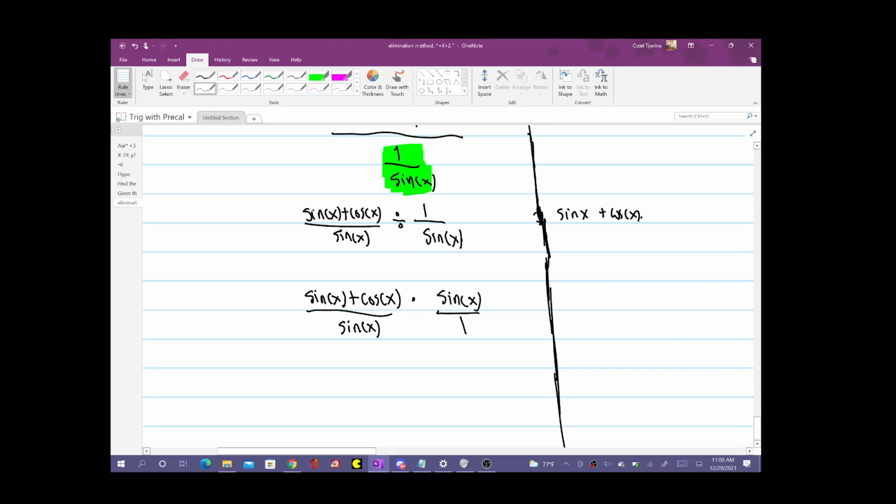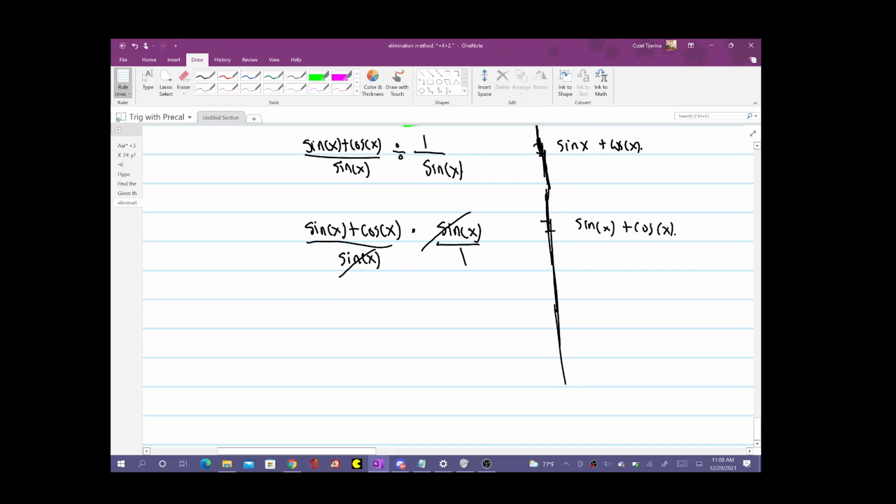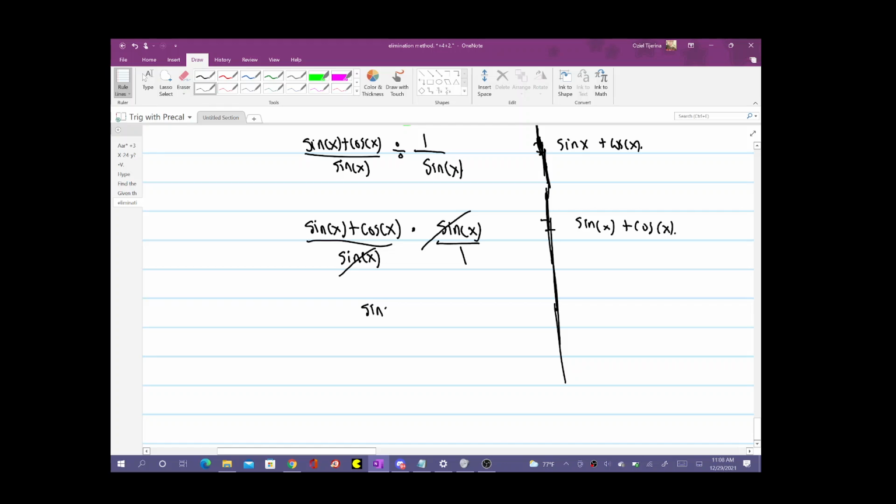So now this is equal to sine of x plus cosine of x. So then these two cancel out, so we're left with sine of x plus cosine of x equals sine of x plus cosine of x. And we have verified the trig identity.